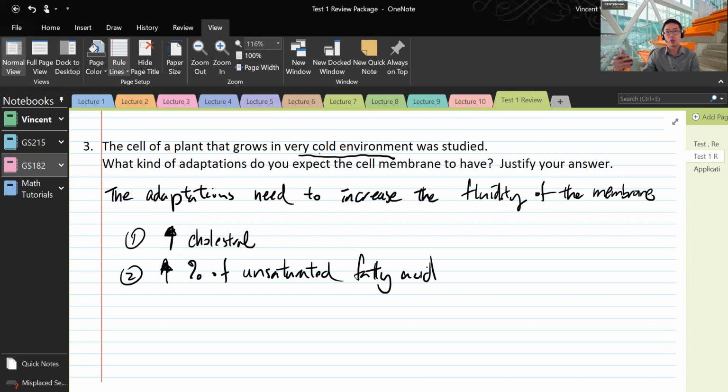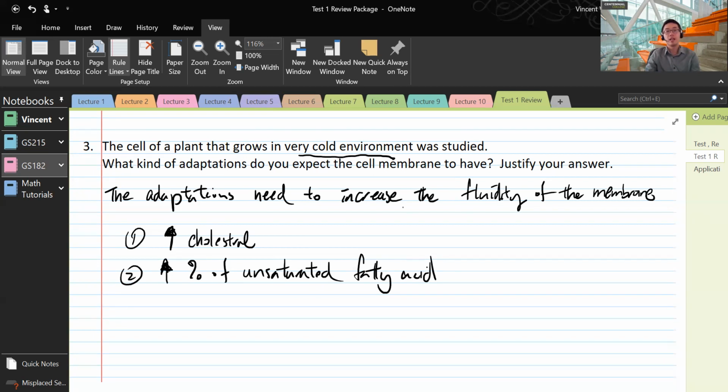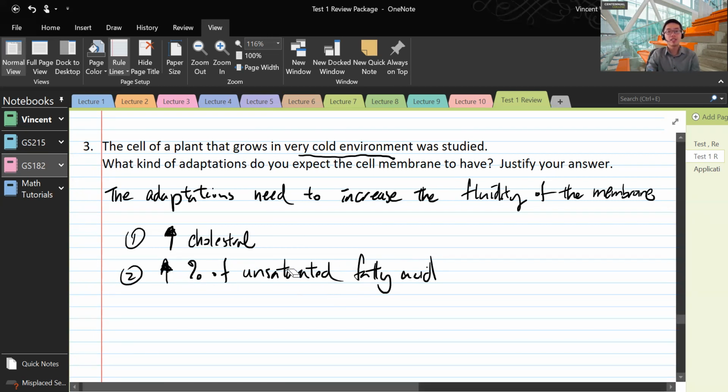So, if it gets colder, it will be even more solid. But unsaturated fat is liquid at room temperature. So those do not become solid too easily. By having a higher percentage of unsaturated fat, you would be able to maintain the fluidity at a lower temperature.